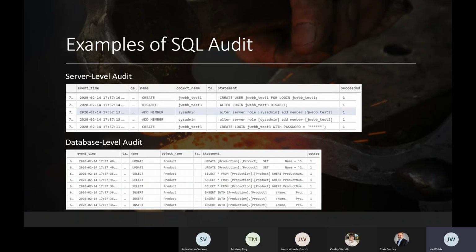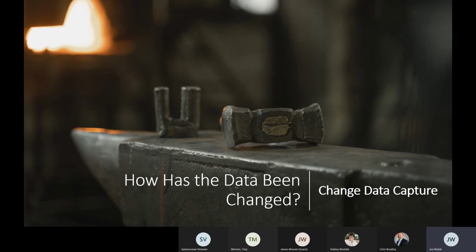We can also see that updates were issued, and we see the SQL statement, but we can't necessarily see what changes were made because of that update statement. We can't see, for example, how many rows were deleted because of that SQL statement. And so at times we may need to go a little bit further, and that's where change data capture can come in.